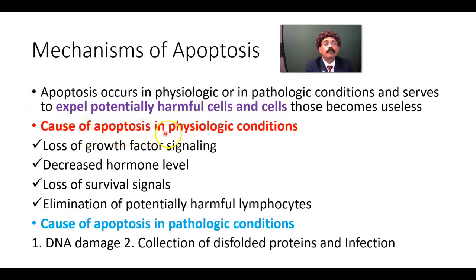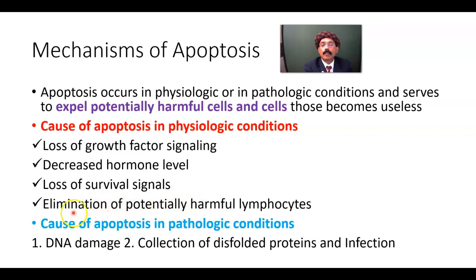Causes of apoptosis in physiologic conditions: loss of growth factor signaling, decreased hormone level, loss of survival signals, and elimination of potentially harmful lymphocytes.